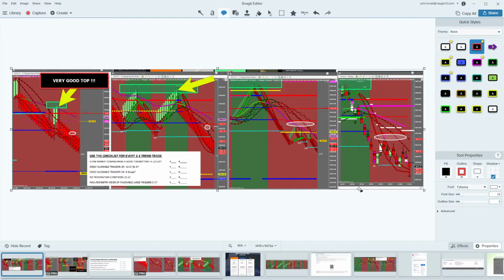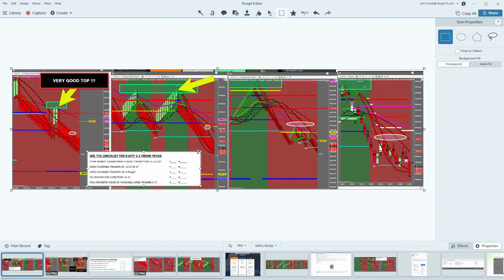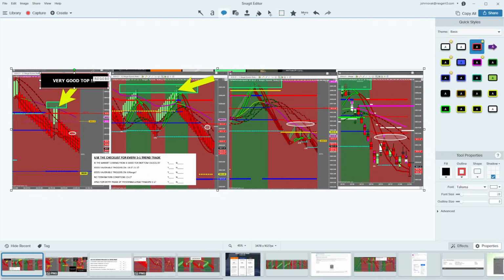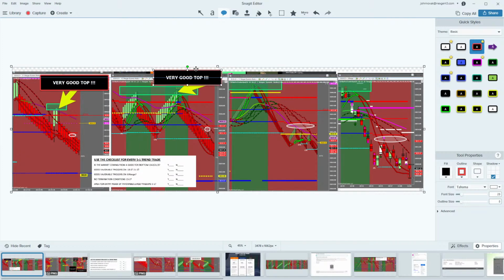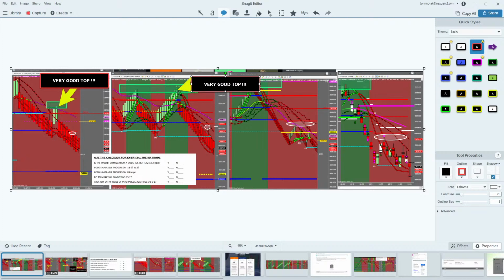JP, you went short at 36.75? Yeah, I know where your short was. I'll get to that one. So again, I have to say very good top because we had everything perfect on the 21.3 and we had 1-to-1s on the 13.2.